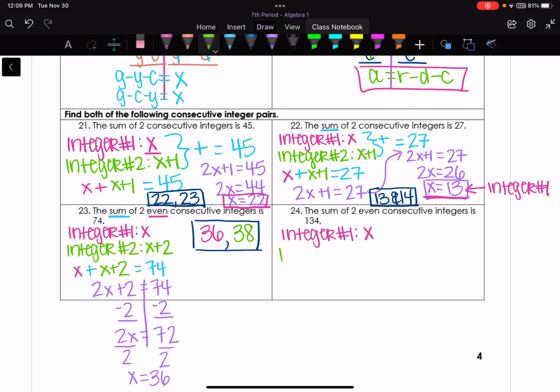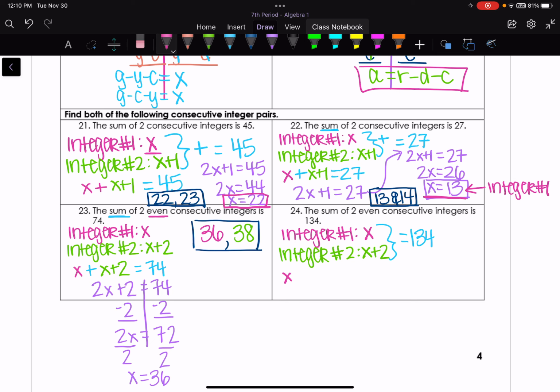Integer number 2, if it is the consecutive even integer, now it's going to be, instead of x plus 1 like we had in 21 and 22, it is going to be x plus 2 to get to the next even integer. We know that these are going to be added to equal 134. So now we can go ahead and set up our equation.